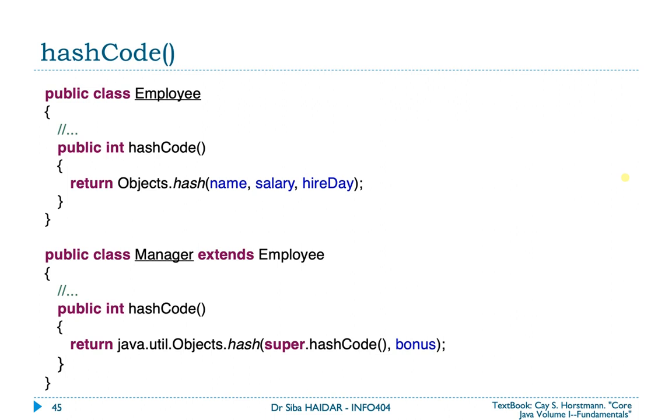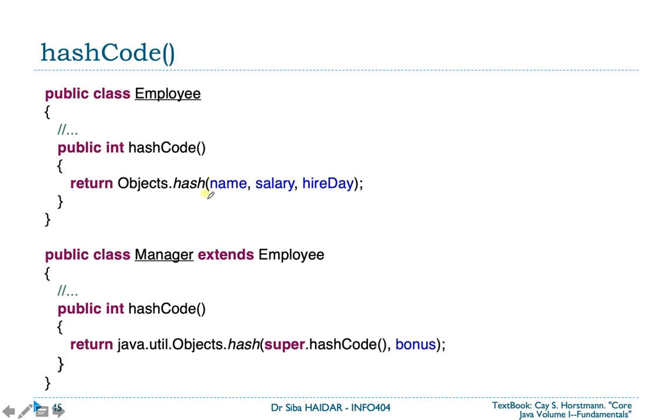A better yet method to implement hashCode since Java 1.7 is to use the hash method inside the Objects utility class. It is an easy method that will do the job for you. You just pass to it an arbitrary number of parameters which will be part of your hashCode method, and of course you will choose the same instance fields you used to compare in the equals method.